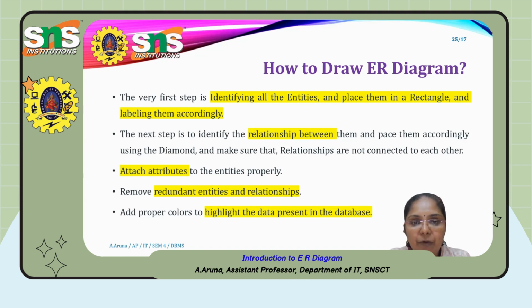Then the third thing is to derive the attributes for each entity. Also, if an entity relationship is redundant, we have to remove it. We also use different colors to highlight the diagram. So these are the five steps to draw an ER diagram.